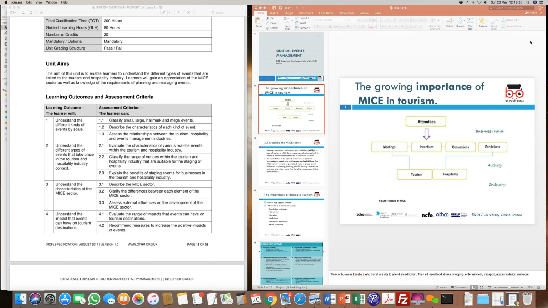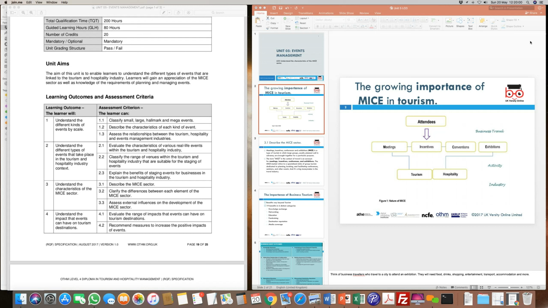It's basically a bit of a research paper which has been put together by some of the students, but it covers this particular topic in a bit more detail than what we will be able to do using the PowerPoint slides. So read it, and obviously it's a Word document, which you should be able to pick out some relevant content from, specifically to the different types of elements of MICE, and bring that across into your assignment submission also.